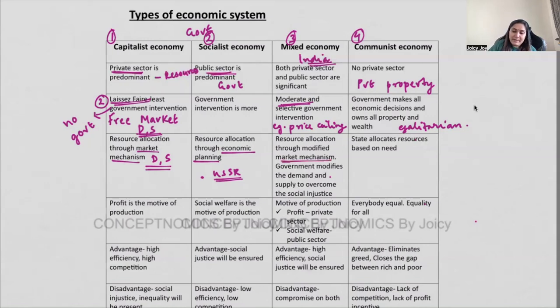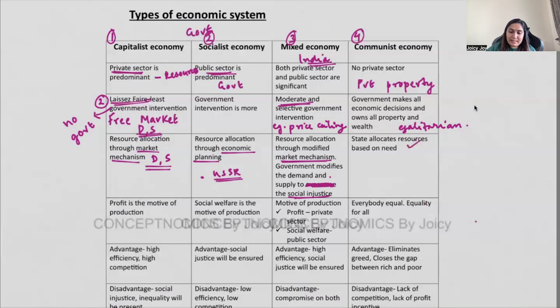Market mechanism is where the demand and supply factors interplay in order to decide everything, whereas in a modified market mechanism, the government modifies the demand and supply to provide social justice, which means at times the government interferes in order to ensure that welfare is being delivered.